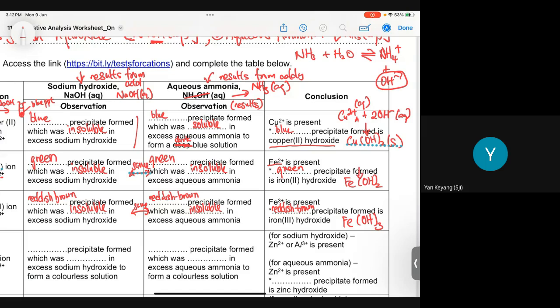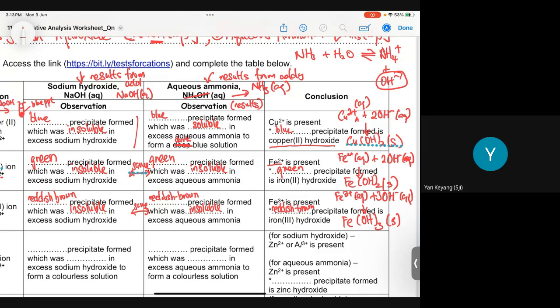For iron 2 hydroxide, you have Fe2+ reacting with 2 hydroxide ions, aqueous, to give you your Fe(OH)2 solid. I'm just going to write for iron 3 as well. You're going to get Fe3+, because it's iron 3, aqueous. OH-, aqueous. You have 3 of them from the solution. And tada, you get your Fe(OH)3 solid.